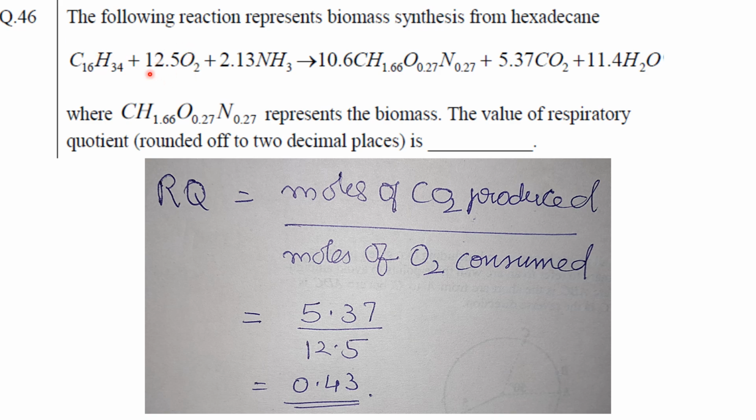It has used 12.5 moles of oxygen and has released 5.37 moles of carbon dioxide, and they have asked what is the respiratory quotient. The respiratory quotient is given by the formula moles of carbon dioxide produced by moles of oxygen consumed. So substitute the values and you will get 0.43.